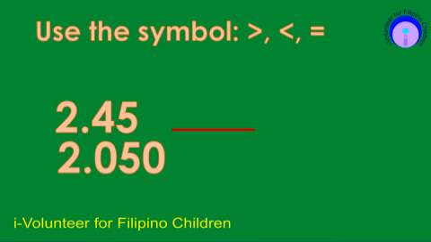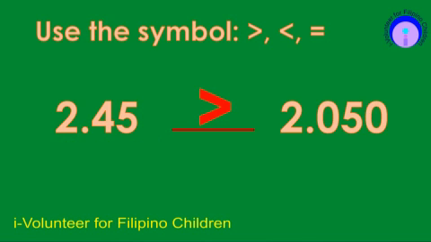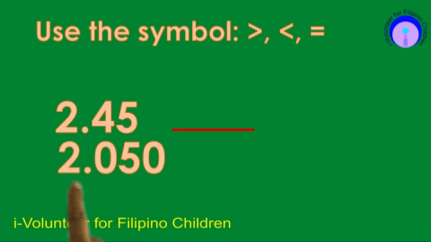Therefore, we can say that 2 and 45 hundredths is greater than 2 and 50 thousandths. Let's try to compare again.